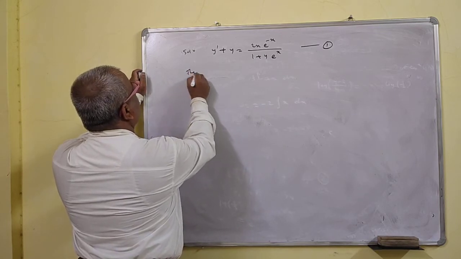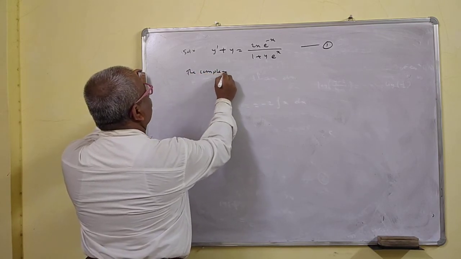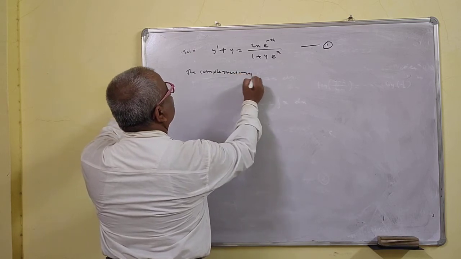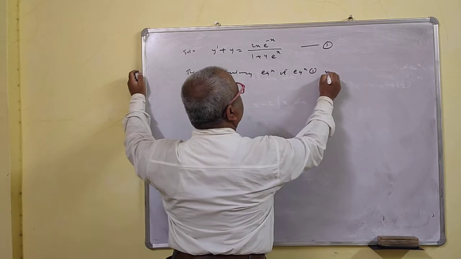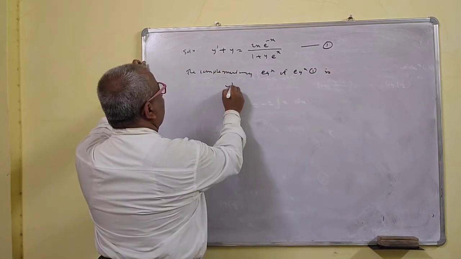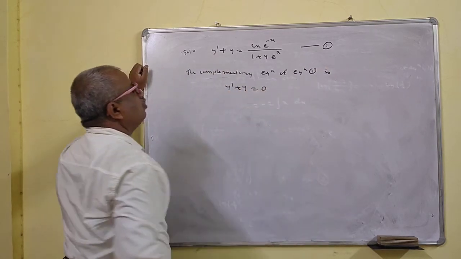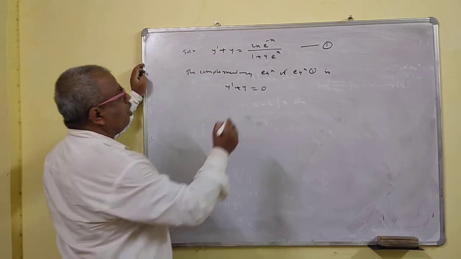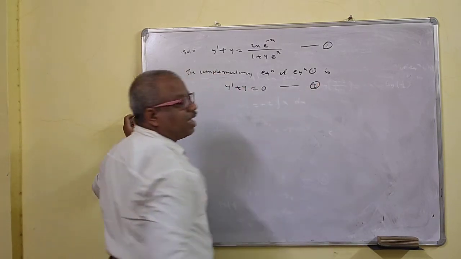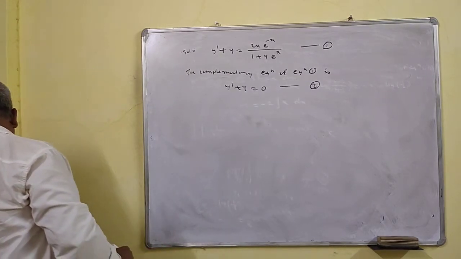The complementary equation of equation 1 is y prime plus y is equal to 0. Homogeneous is linear. We'll call this 2. We'll solve this by the method of variation of parameter.